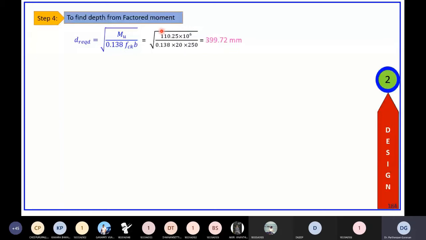But once finding the depth value, you can find out the factored moment. And your D required for a balanced section is 399.72. So if you want to make this an under reinforced section, you have to provide D provided as 410 mm. Remember, in the first step we have provided 410 mm.